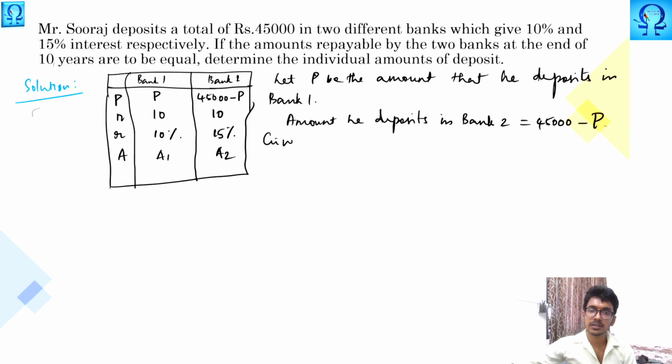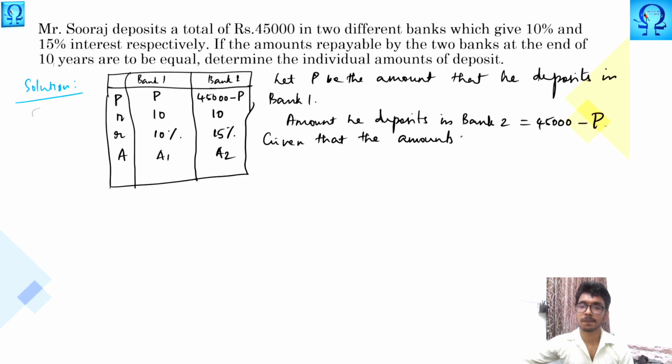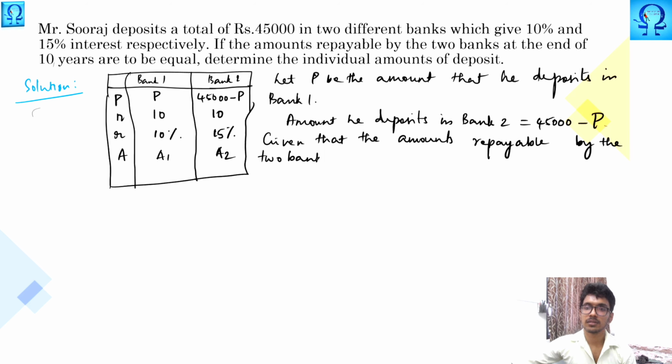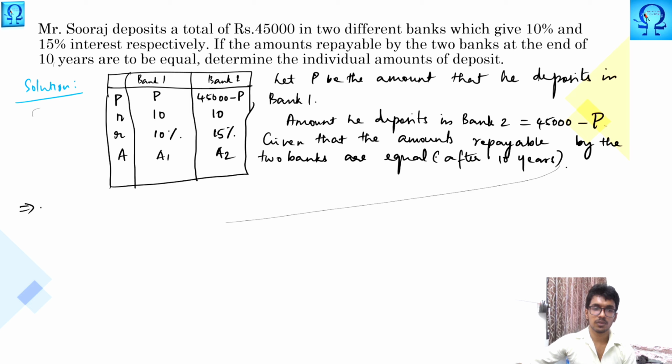It is given that the amounts repayable by the two banks are equal after 10 years. Okay, we are not calculating for anything else, we are calculating for 10 years. So it means your A1 and A2 must be the same, right? So this is what they have given.